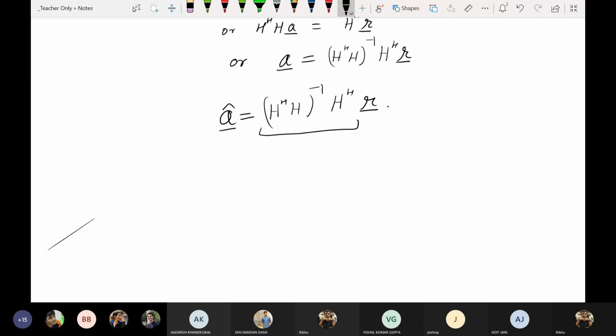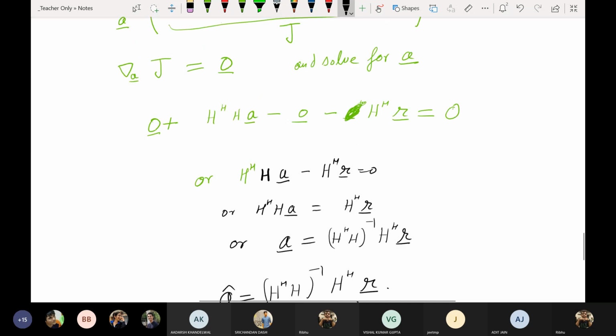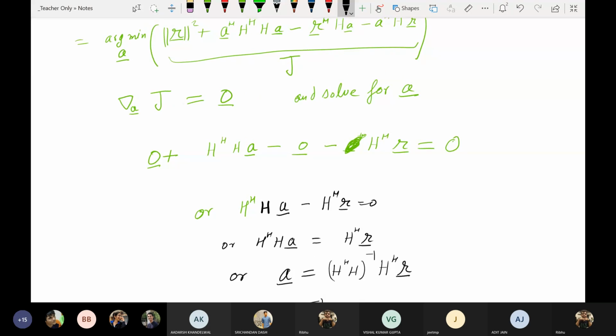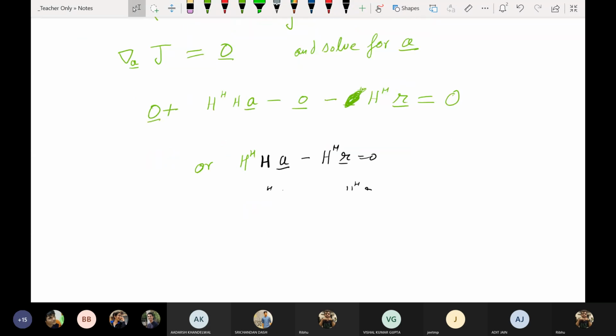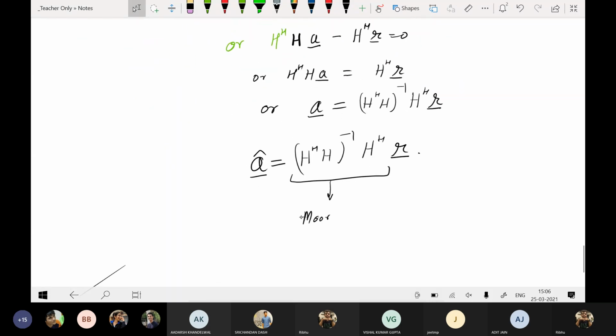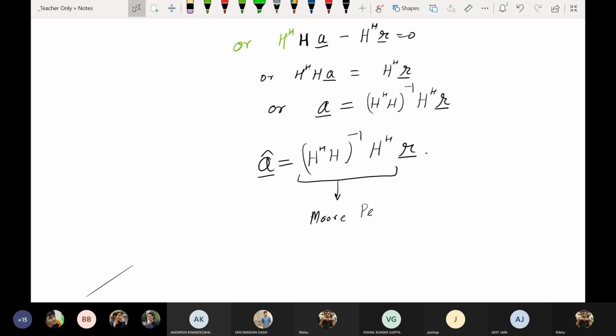Can you go up a little bit? Yes. Okay, sir. Thank you. This is the Moore-Penrose pseudo inverse.